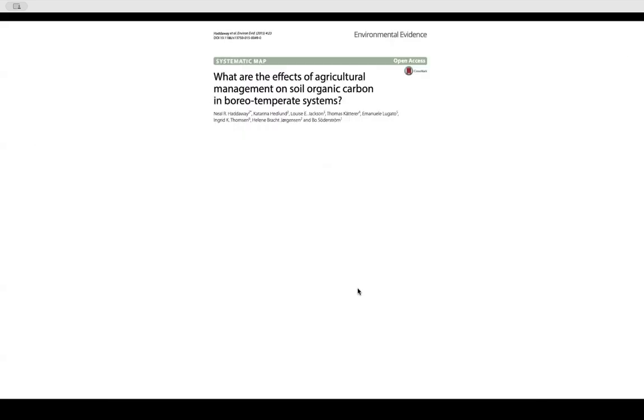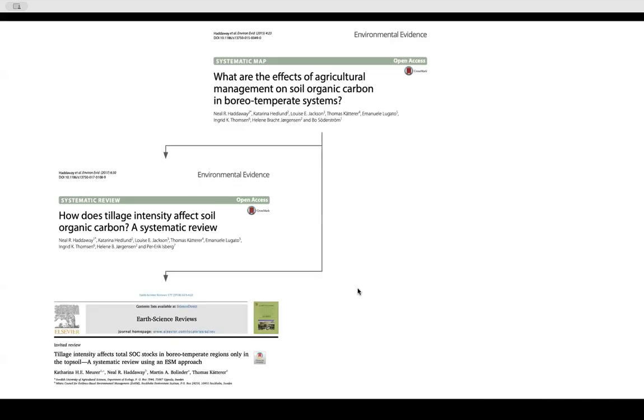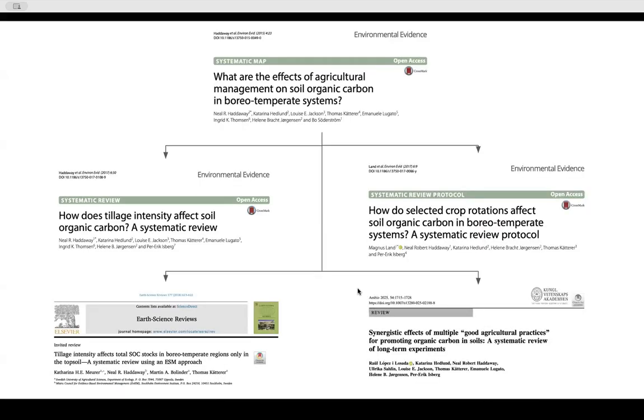But what it did mean is that following on from our systematic map, we were able to do 4 systematic reviews. And one of these is still underway, having been updated several times. But this first one was able to be conducted in 6 months, really quite rapidly, because the map had been done first. So this is a scenario where the standard approach didn't really make sense, and it allowed us to then break it up into several different component systematic reviews.